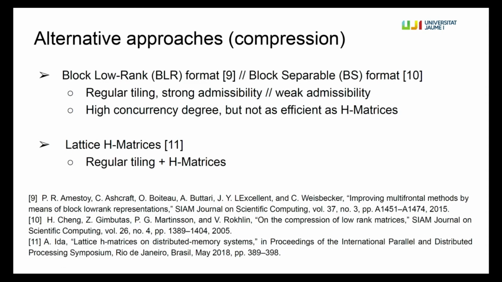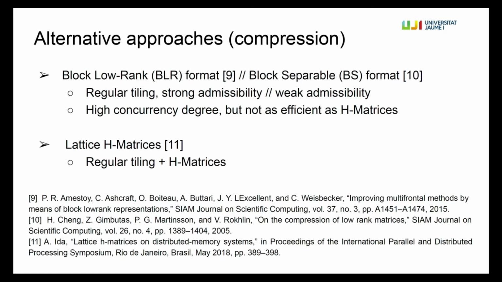Different alternatives to common H matrices are based on the structure itself, on the way the compression is performed concretely. For example, there's the block low rank or the block separable formats, which base the structure on performing a regular tiling of it.